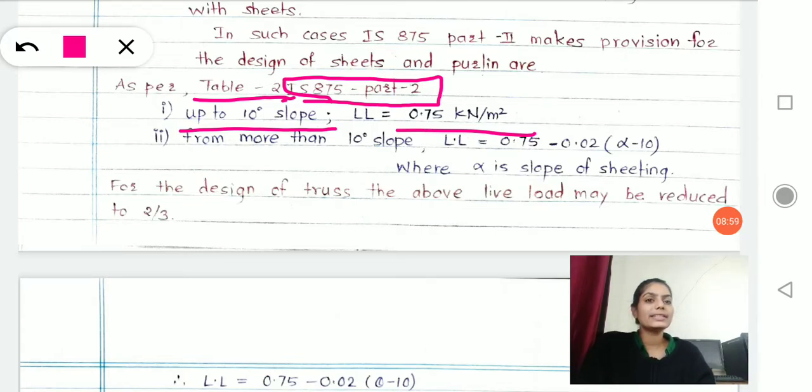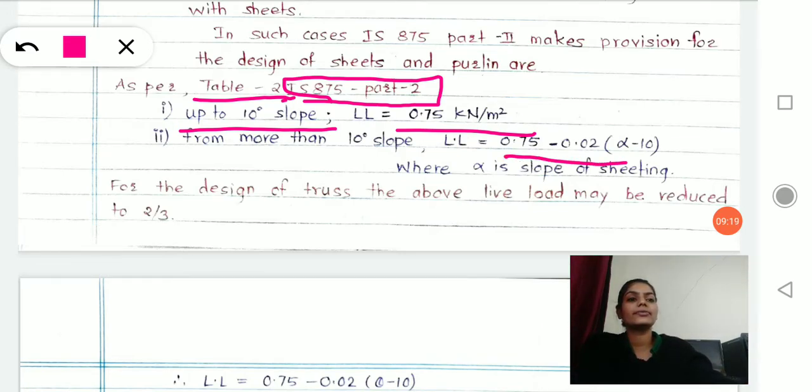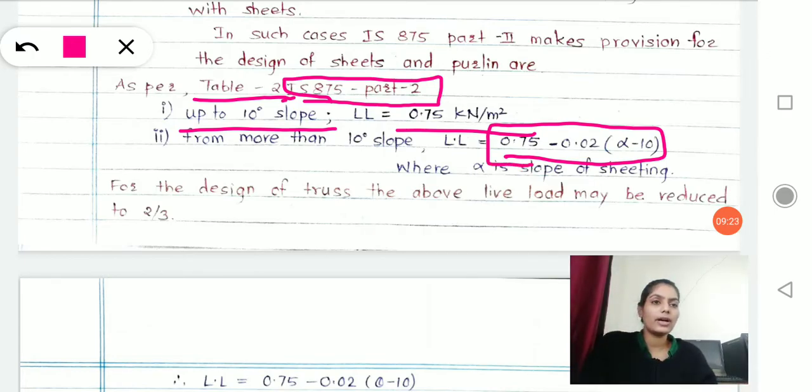But what if the angle increases? What do we do in that case? If the angle increases beyond 10 degrees, live load changes to 0.75 minus 0.02 times (alpha minus 10), where alpha is the slope of sheeting.